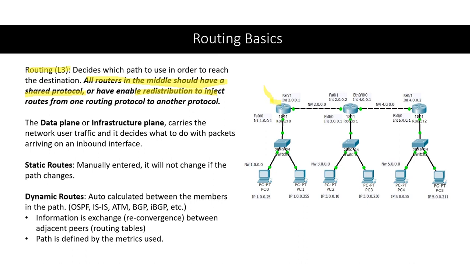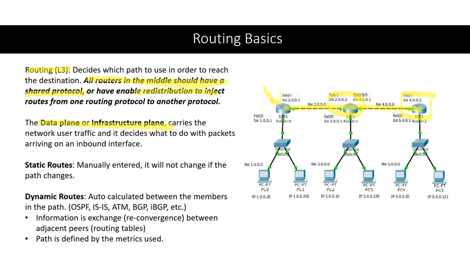So you can redistribute routes and inject the routes. So when I have 3 routers like this, and I want to send traffic from router 1 to router 3 on the other side, then the router in the middle needs to be talking the same protocol all across, so they can share that routing information, right?